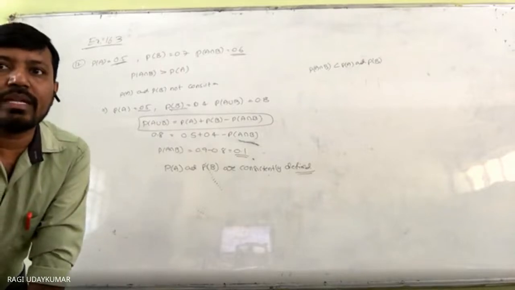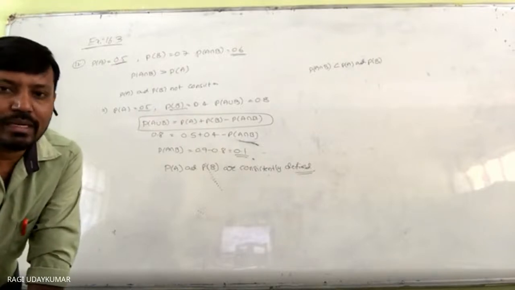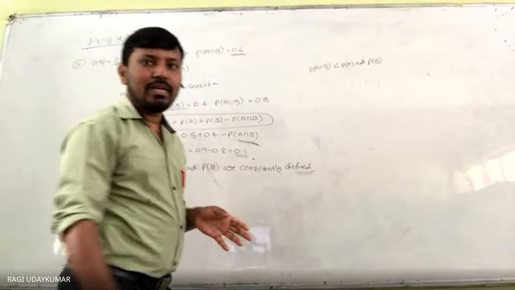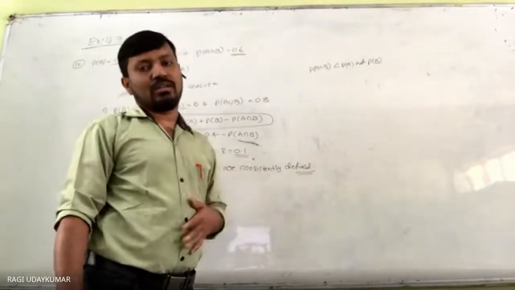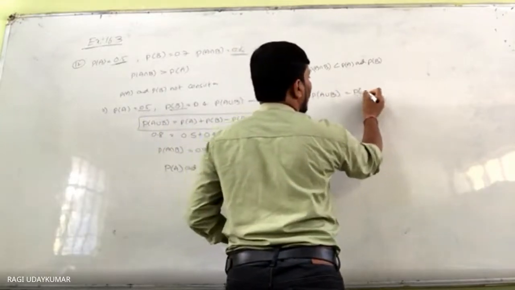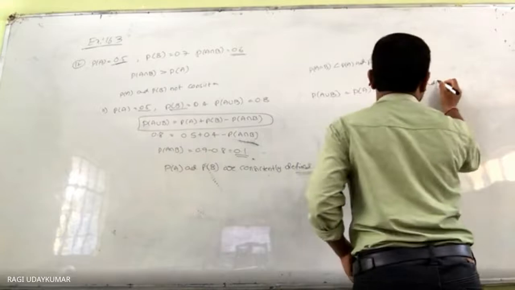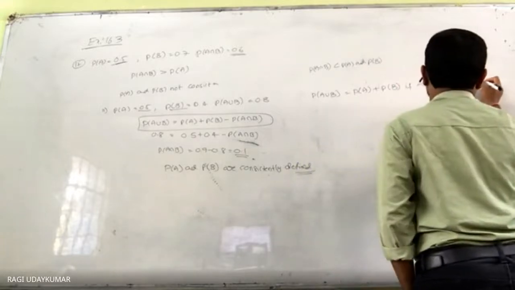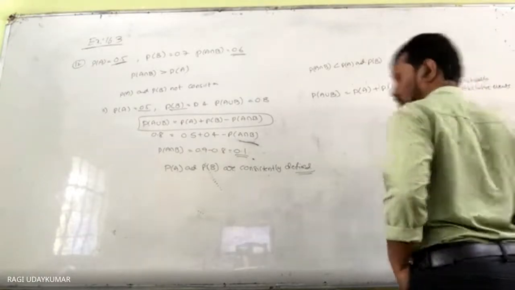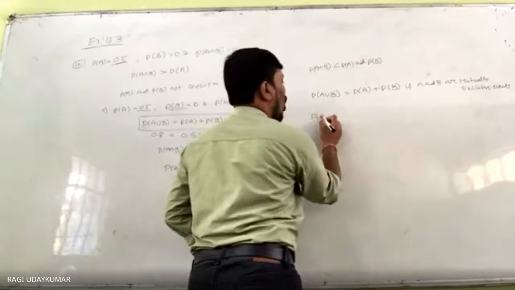Then you need to find the probability of A union B. Whenever two events are mutually exclusive, the probability of A union B is equal to probability of A plus probability of B. If A and B are mutually exclusive events, probability of A union B is equal to probability of A plus probability of B. So what is given to you here? Probability of A or B is what is asked.